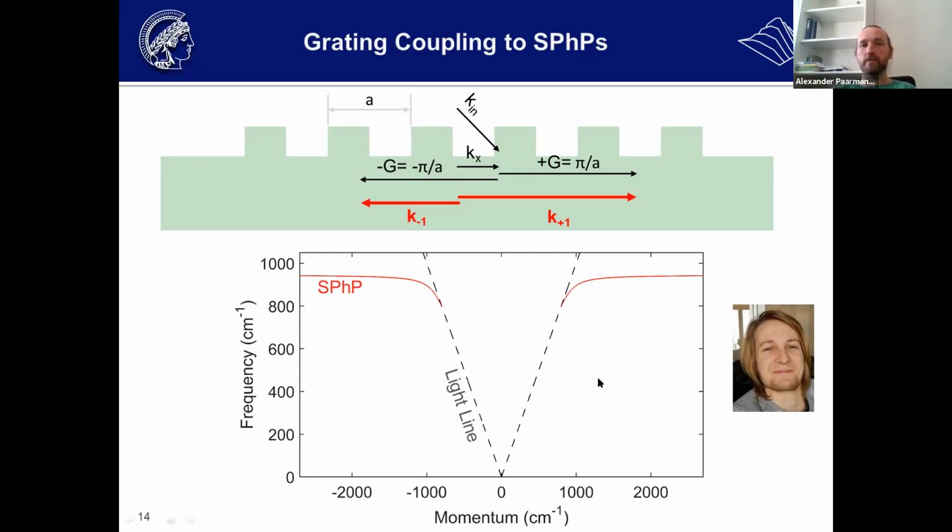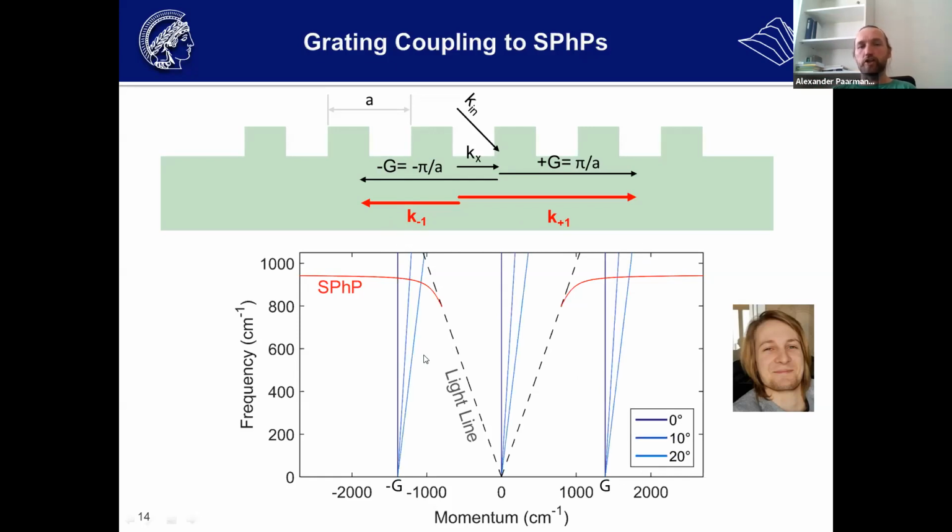And to illustrate this, this is a sub-wavelength grating, so that's why this grating momentum cuts the light line not in the surface phonon polariton region or below, but above. So it has larger momentum than the free space momentum of the light that we're looking at.